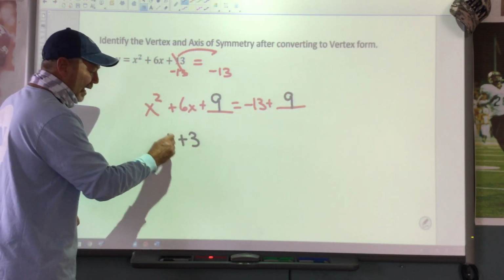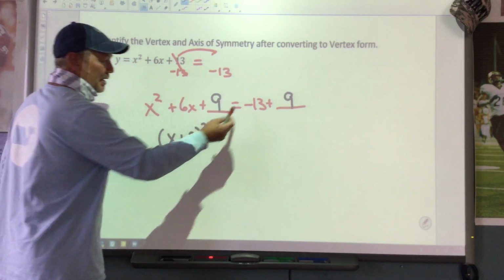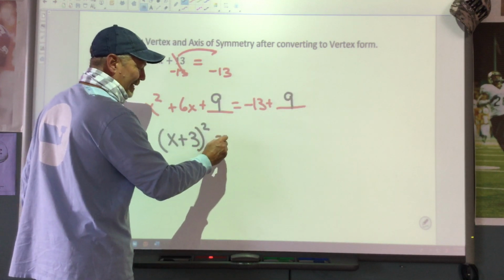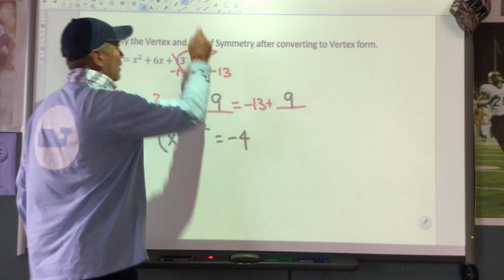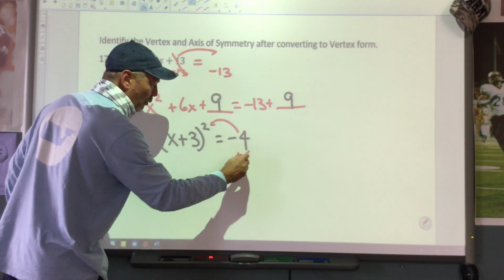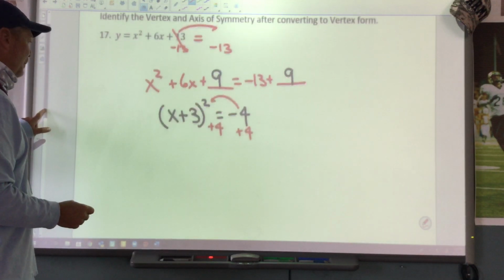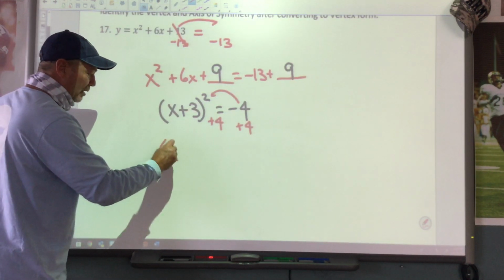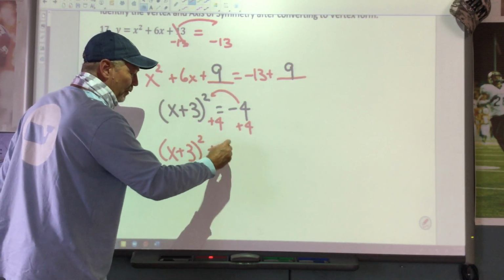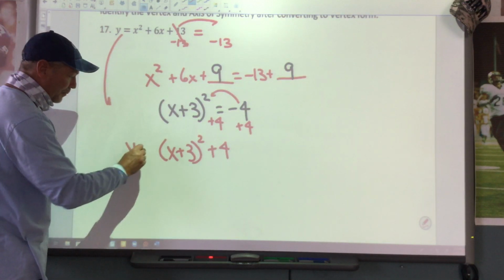I bring down my x and my parentheses squared. Negative 13 plus 9 equals a negative 4. I bring the 4 back across. I go plus 4, plus 4. That's going to leave me with x plus 3 squared plus 4. I'm going to ask you to bring down the y equals.